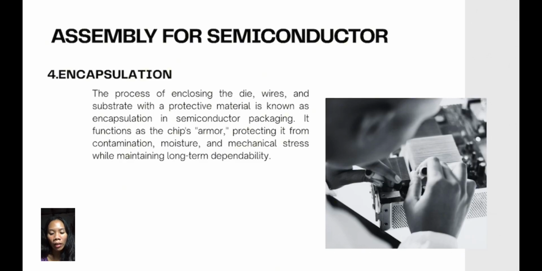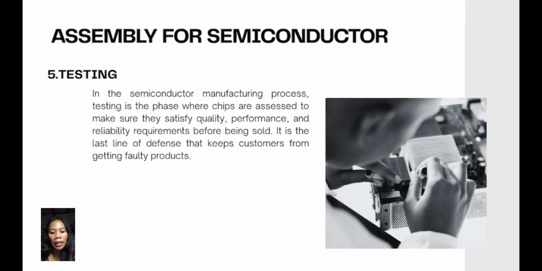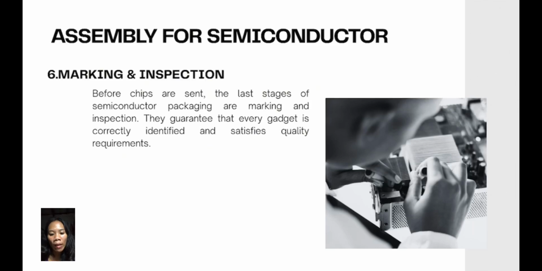Testing is the phase where chips are assessed to make sure they satisfy quality, performance, and reliability requirements before being sold. It is the last line of defense that keeps customers from getting faulty products. And lastly, we have marking and inspection.